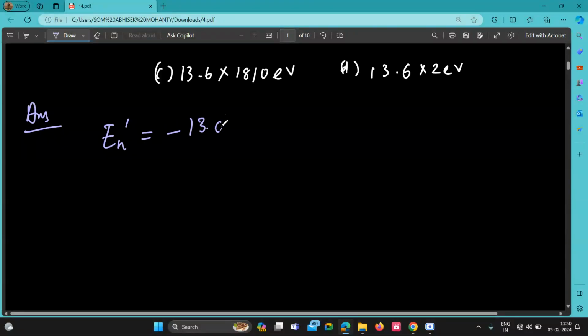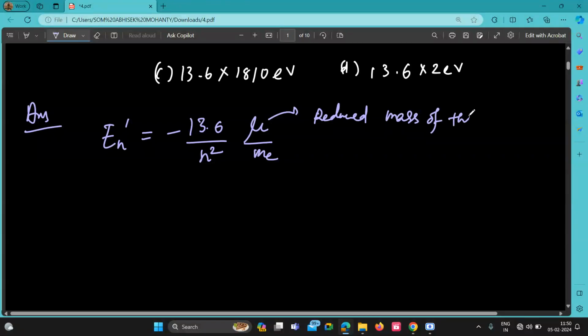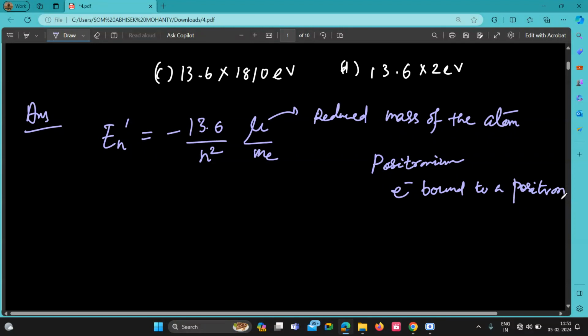Minus 13.6 by n square times mu by me, where me is the mass of the electron and mu is the reduced mass of the atom. Positronium is an electron bound to a positron.